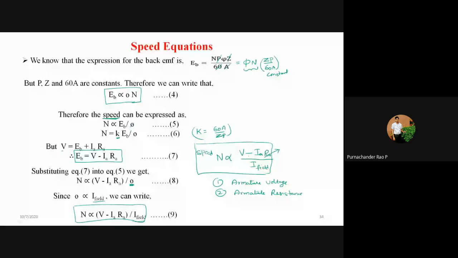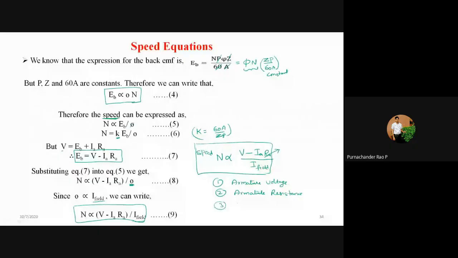The third is the field flux, which you can vary. So these are the three speed control methods, and we will discuss them in detail.